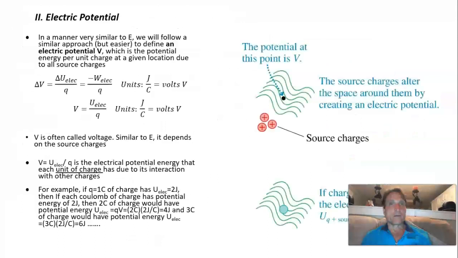So if we go back to here, this voltage or potential difference is equal to the potential energy per unit charge. In other words, how many joules per coulomb of potential energy the charge has for every coulomb of charge at that location.